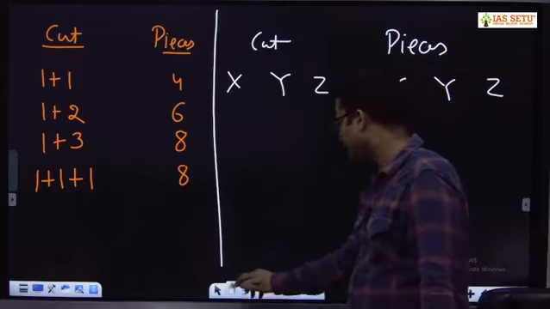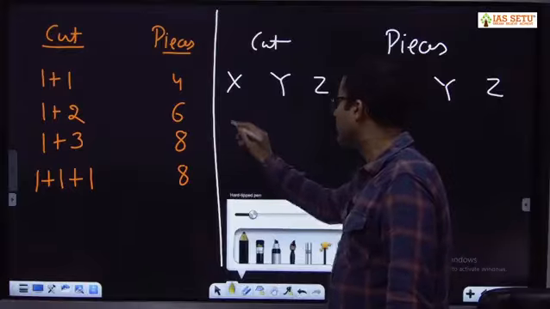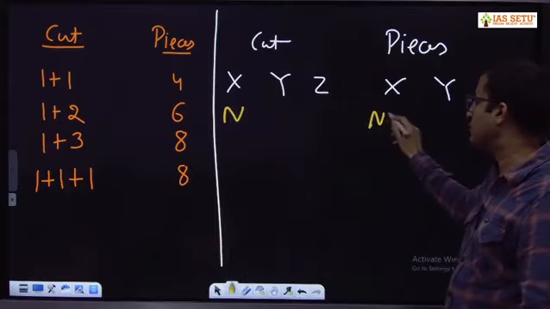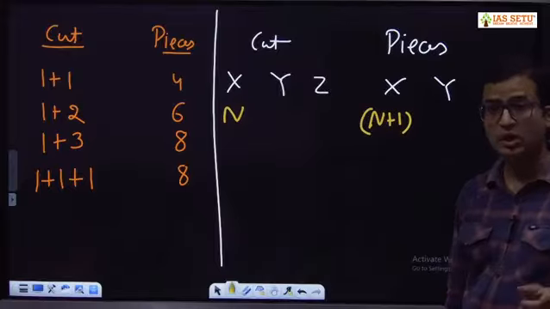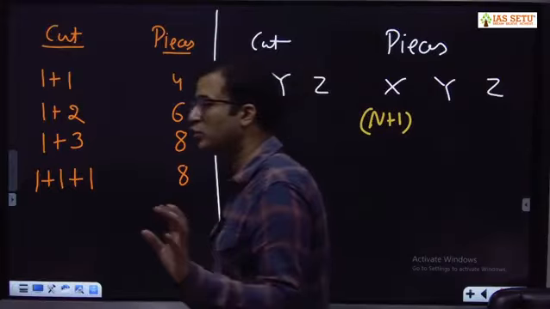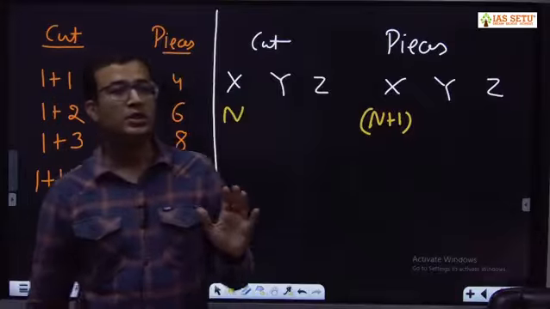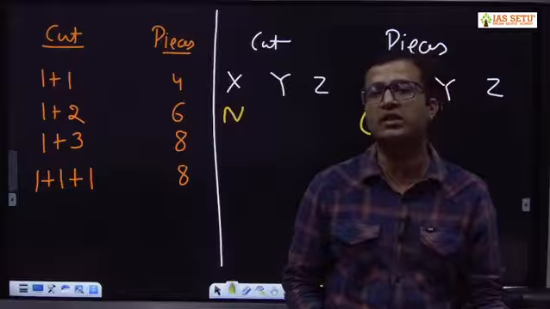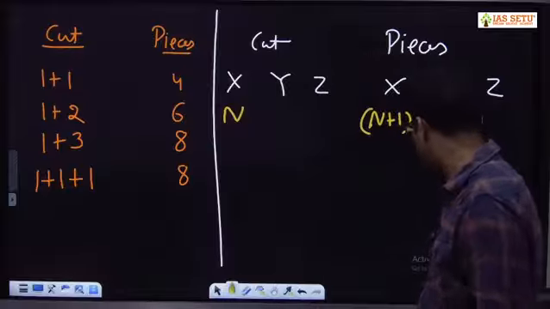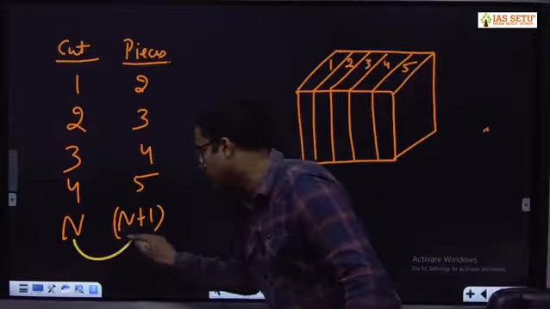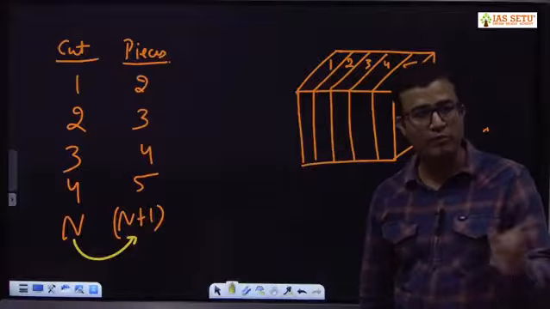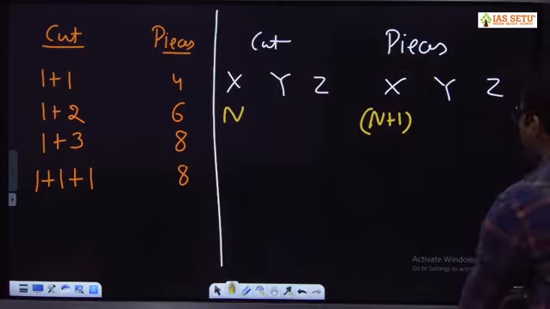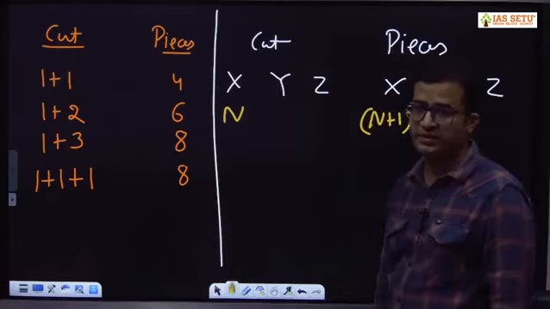Simple rule is, if you make n cuts along the X axis, you will get n plus 1 pieces along the X axis. Cut to pieces, it is a fixed rule, we always add 1. I taught this, right? n cuts give n plus 1 pieces.